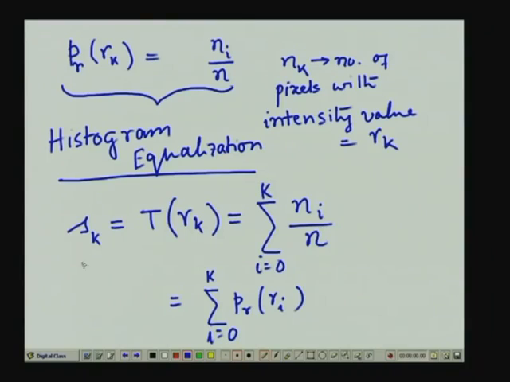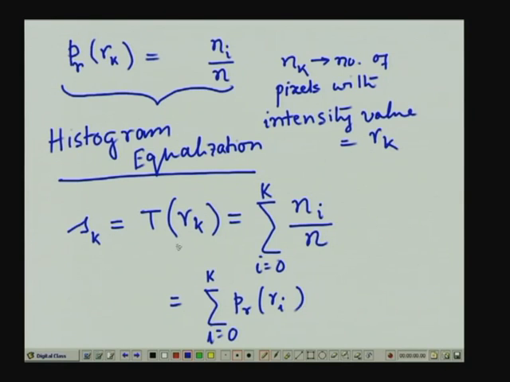Now, note that in this case the histogram p_r(r_k) equal to n_i by n is a normalized histogram. So, every value of p_r(r_k) will be within the range 0 to 1.